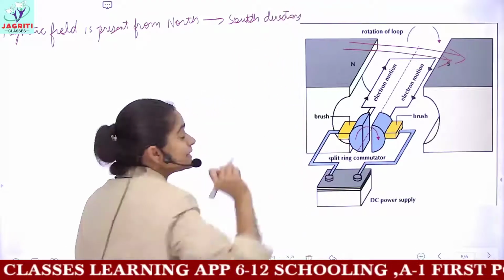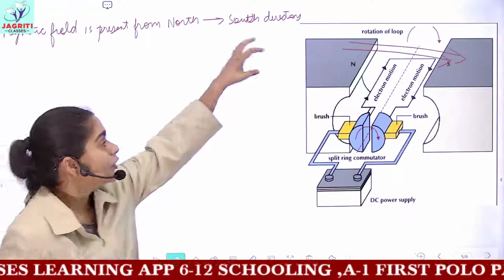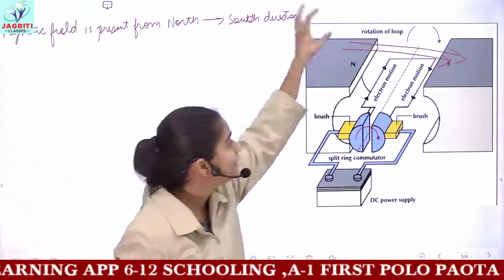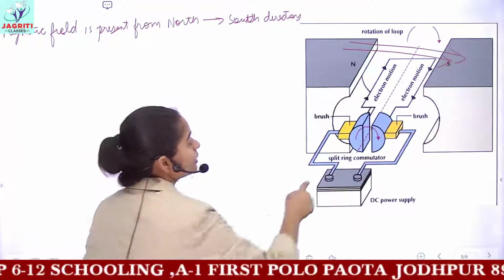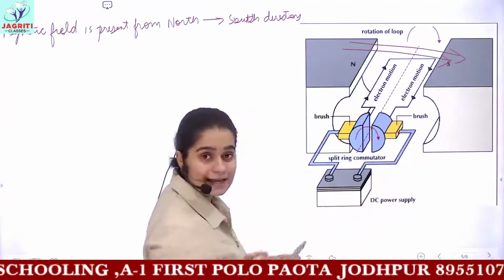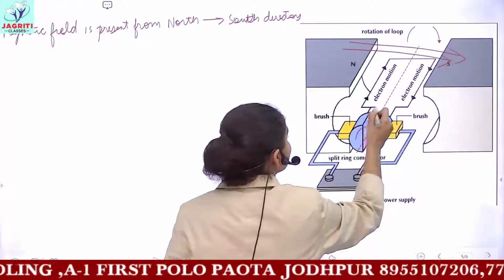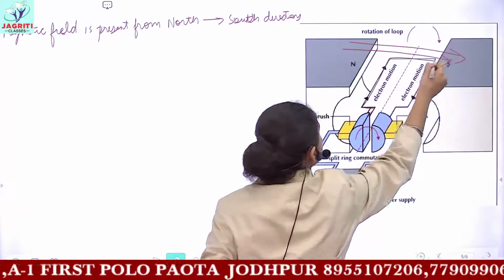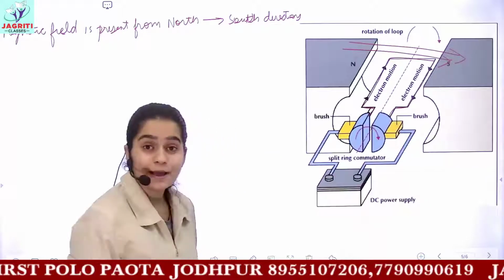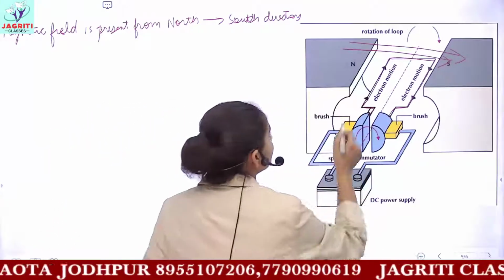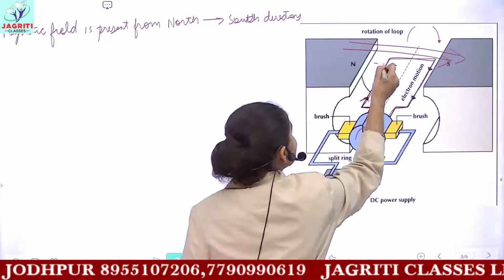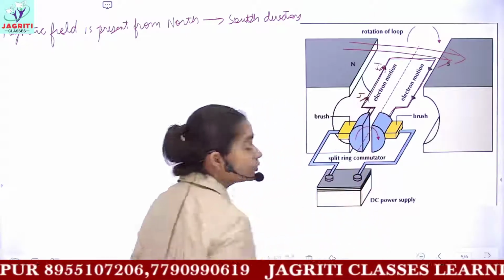Now you have a magnetic field which originates from the north pole and ends at the south pole. Now in this magnetic field, when you keep a circular or a rectangular coil, this is the rectangular coil present inside our magnetic field. So what would happen when current flows through this coil? This would be the direction of current flowing through the coil.